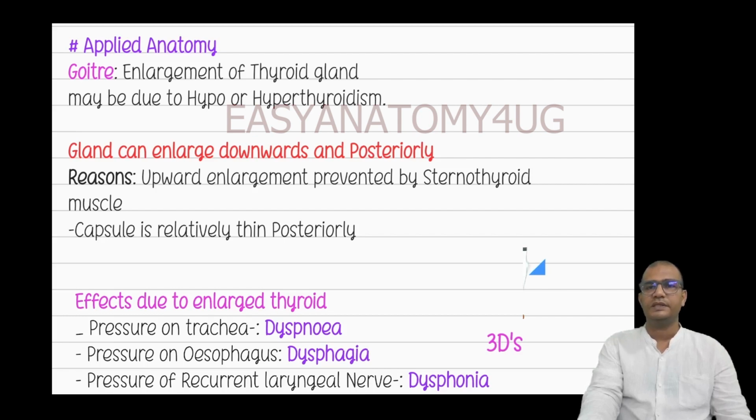It is called dysphagia. And pressure on the recurrent laryngeal nerve will lead to hoarseness of voice or difficulty in speech production. It is called dysphonia. So these are known as the 3Ds of the thyroid gland enlargement side effects.